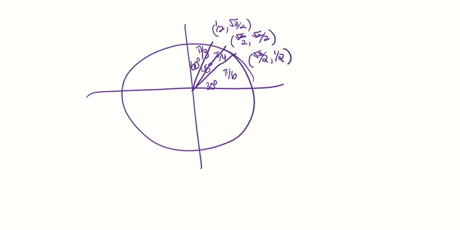The reason that you only have to memorize these is because you can use these angles and use the triangles they come from to find other parts of the unit circle.